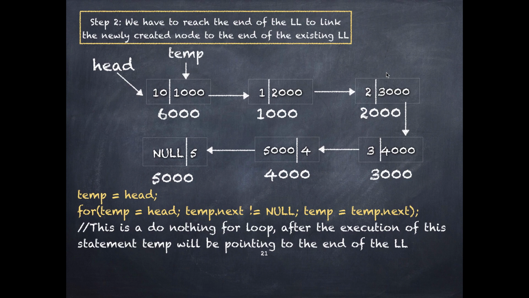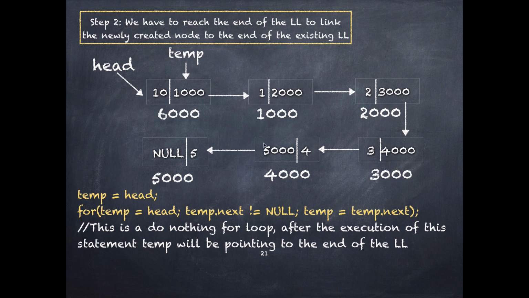So it comes here. Next, again coming to the for loop condition checking, temp dot next not equal to null. Yes, it is not equal to null, right? It has the value 3000. So again it increments, it comes here, it checks temp dot next not equal to null. No, it is 4000. So temp is moved to the next element.